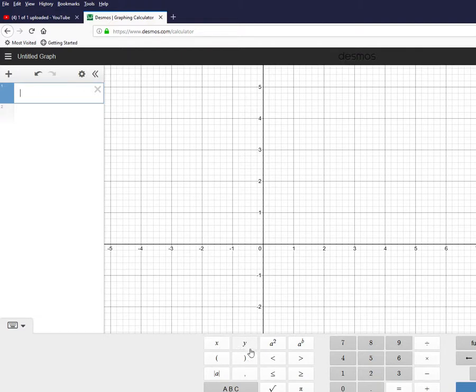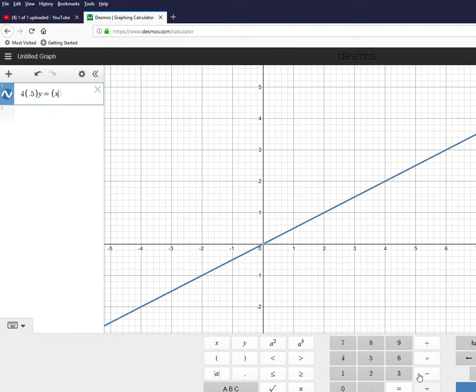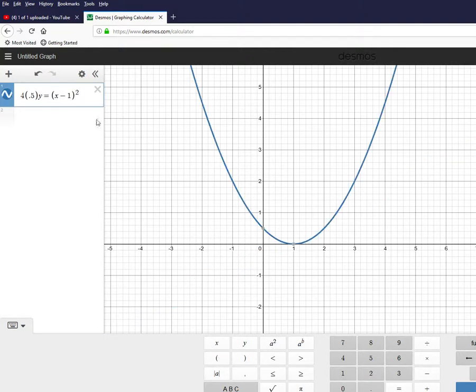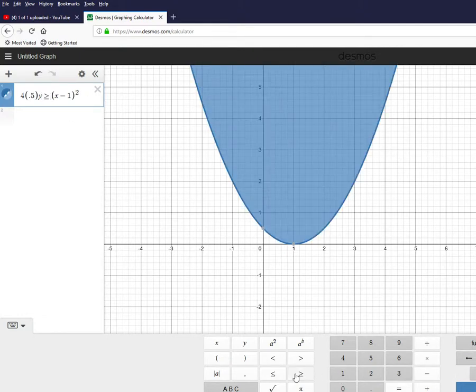Okay, so if we use the equation that we started using last class, the 4cy thing. If I have 4cy is equal to x minus 1, we're shifting it over just a little bit. We get that shape. But we don't want equals, we want an inequality. So if I make 4cy greater than that, I shade inside the parabola.